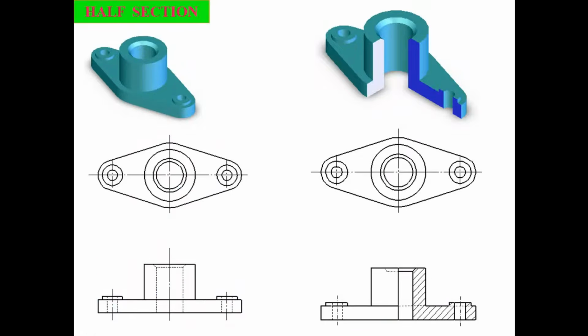We will see one more example. You can see the front view without sectioning, half sectioning, right half sectioning, this one. Now what is the mistake here? The other half should not have any hidden line and this hatch pattern should not have any hidden line. So you have to erase them whenever we do the half sectioning. So this will be the solution.